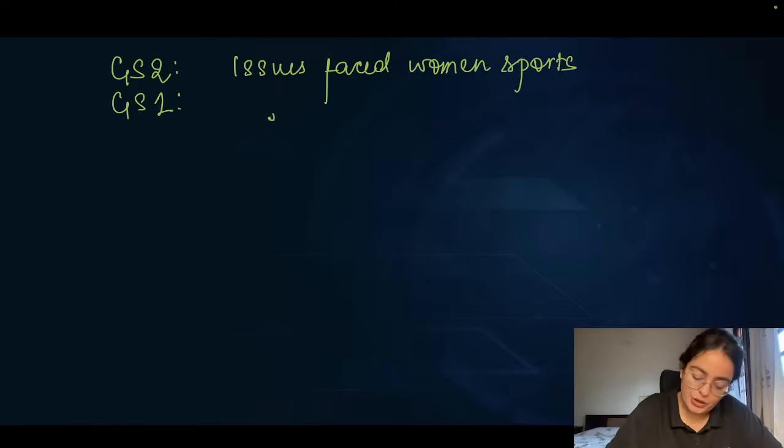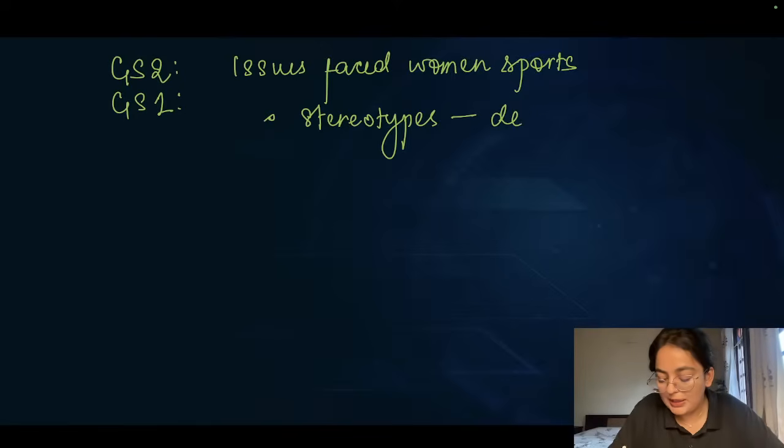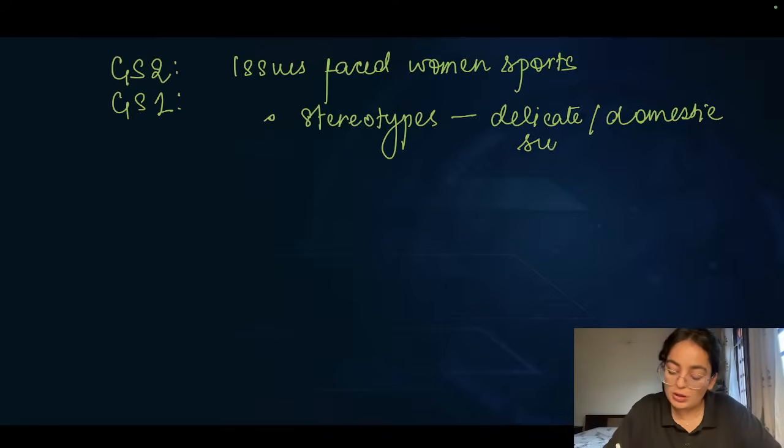There are various issues. For example, the first starts with stereotypes. That means women are not made for physical activities, for instance, sports. The stereotypes associated with women being delicate, who should be relegated to the domestic sphere, not specifically inclined or suited for physical activities.